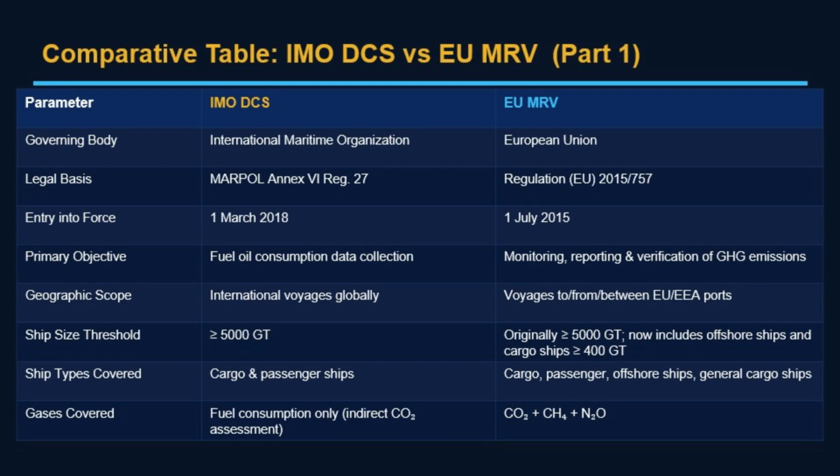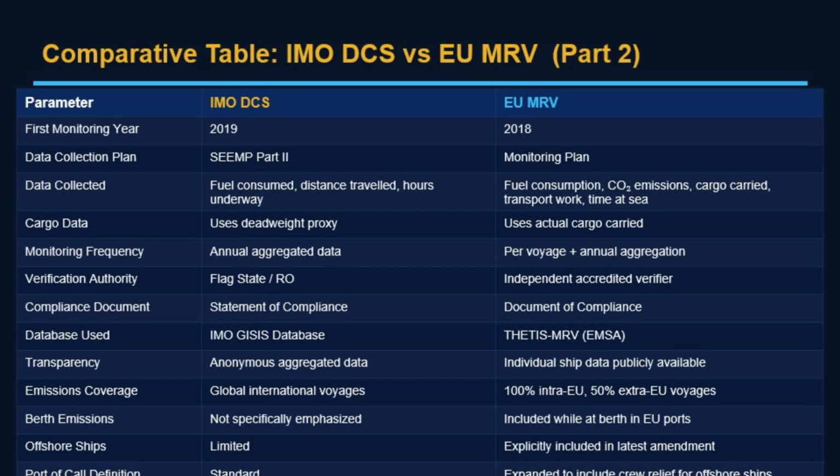A very important examination point concerns greenhouse gases. IMO DCS collects fuel consumption data and derives CO2 emissions from that fuel consumption. EU MRV directly reports greenhouse gas emissions and currently includes carbon dioxide, CO2, methane, CH4, and nitrous oxide, N2O. Now, let us compare operational requirements.